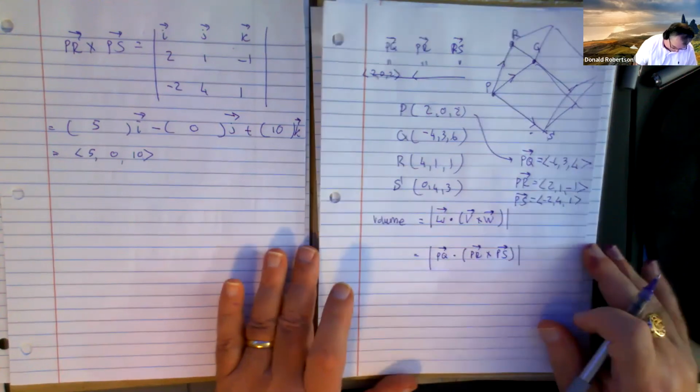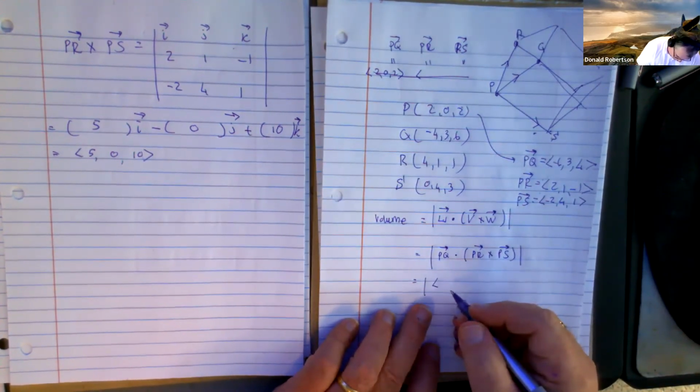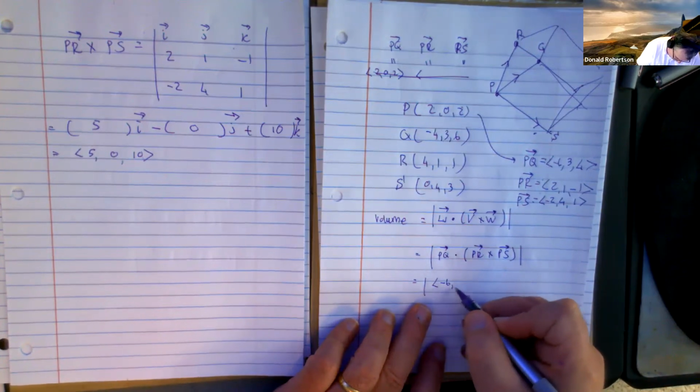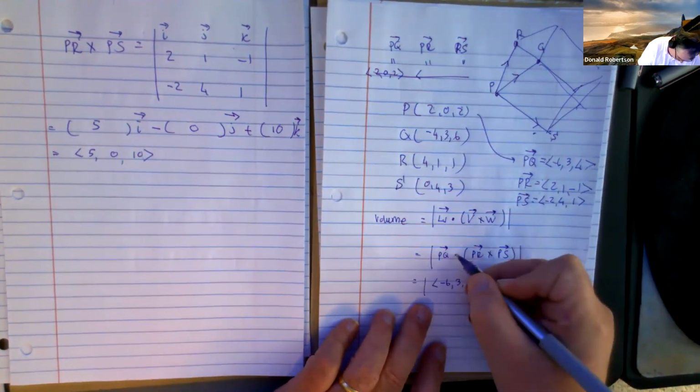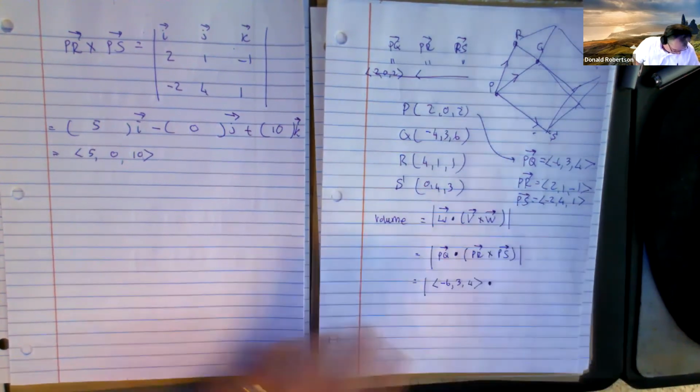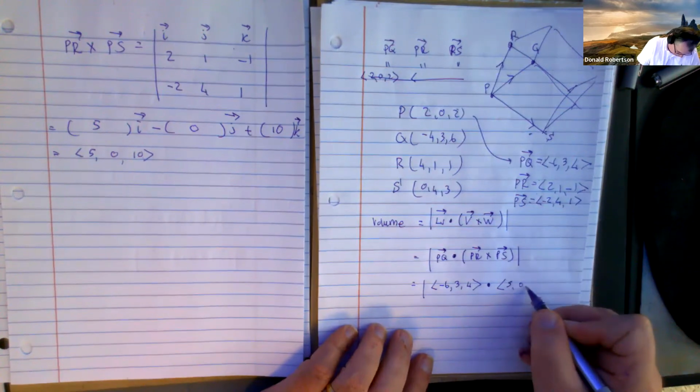So what I'm going to do now is take PQ, which is the vector -6, 3, 4, dot product with that 5, 0, 10.